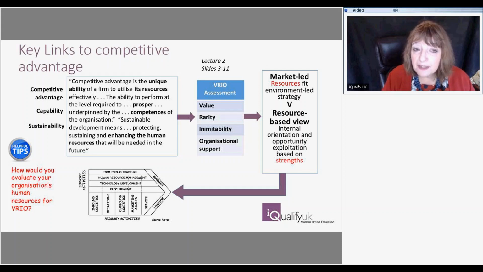So this first slide here is about key links of the lectures to the theory of aligning competitive advantage.